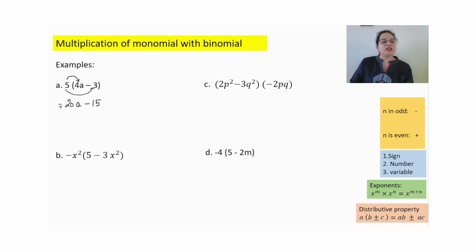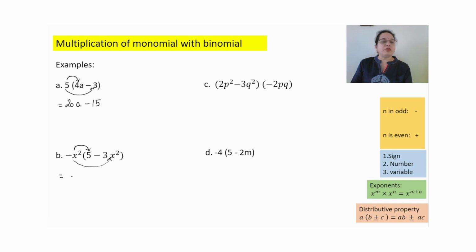Can we add these terms? We cannot add these terms because these two are not like terms, and we can add and subtract only like terms. Again a bracket is there, so again we will use the distributive property. We will multiply these two and we will multiply these two. So this is equal to, when a minus sign is outside the bracket, inside the bracket we change all the signs.